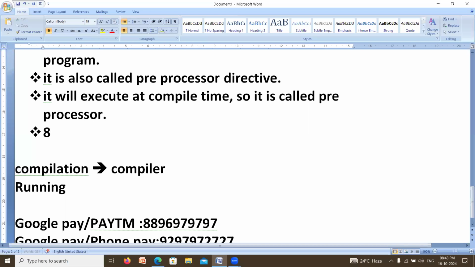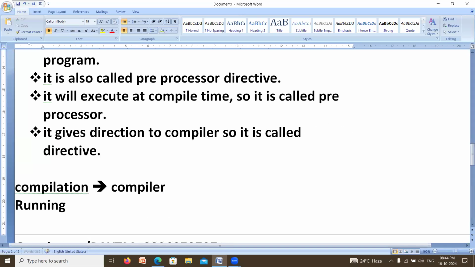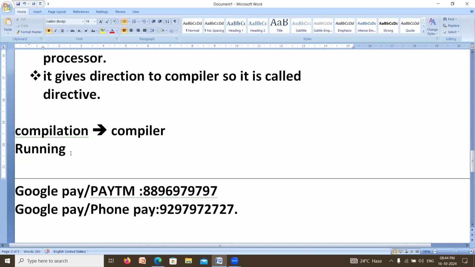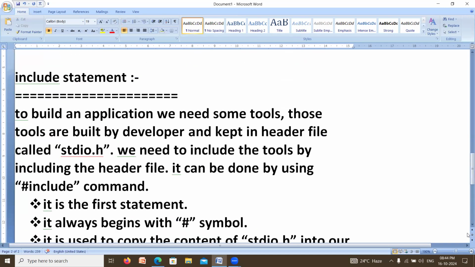So it is about the include statement, right? Friends, note on this.